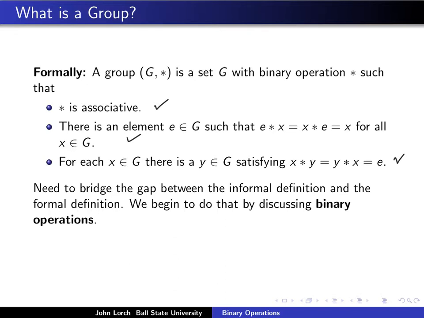But the first thing that I want you to focus your attention on is these 2 words, binary operation. So apparently, in order to understand these 3 bullet points, the first thing that we need to do is know what a binary operation is, and that is the subject of this video.